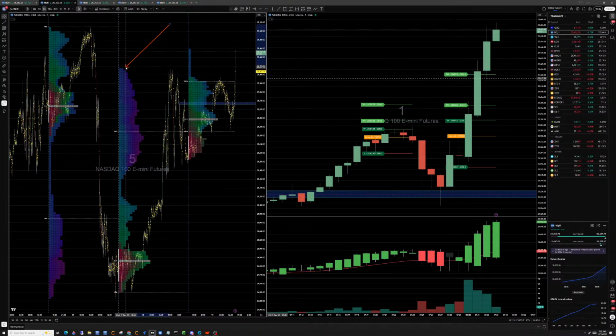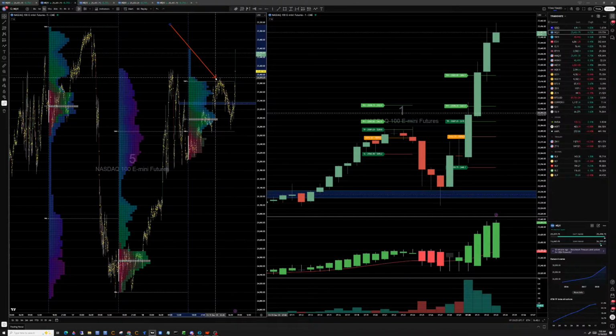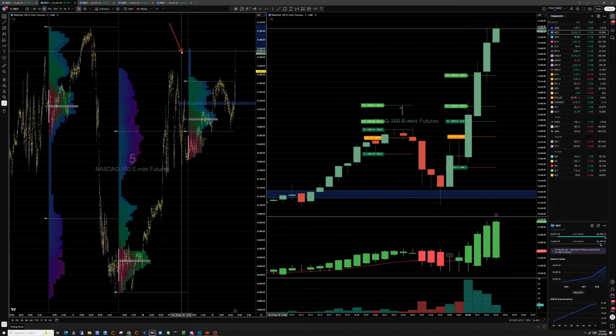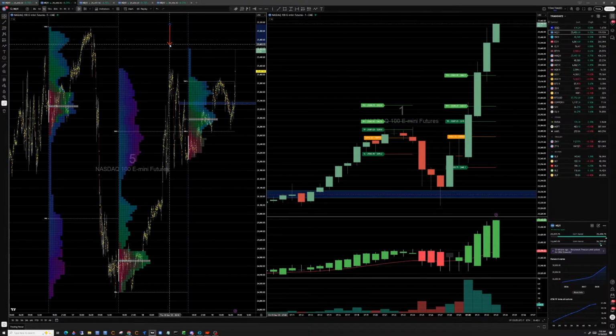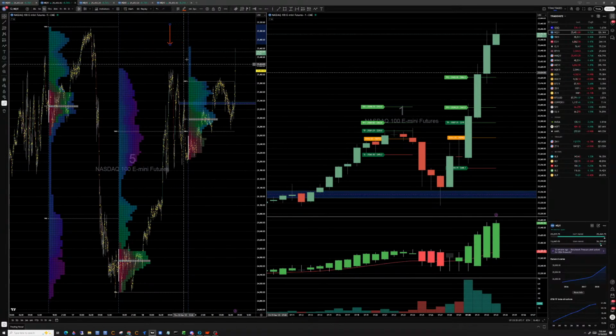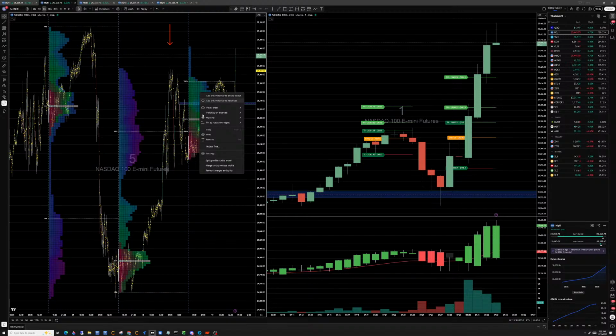So you could see that we had that for yesterday, plus we had that for today based on the old high. And a lot of times, when you see a poor high like that, price will come in and create that. You guys have seen how I've been merging these together.